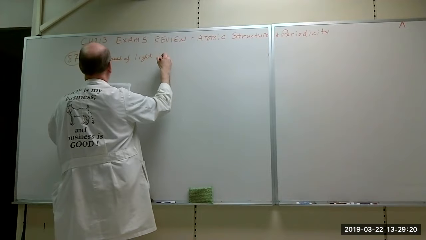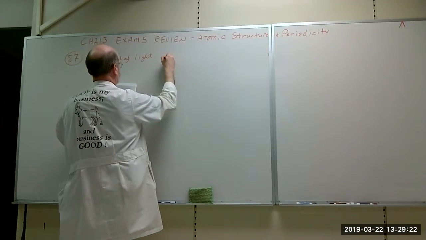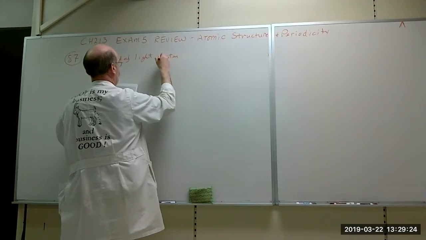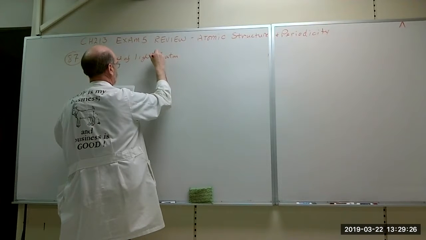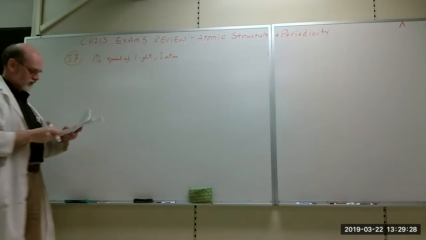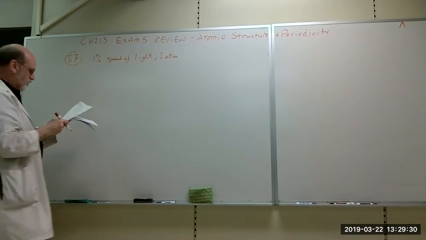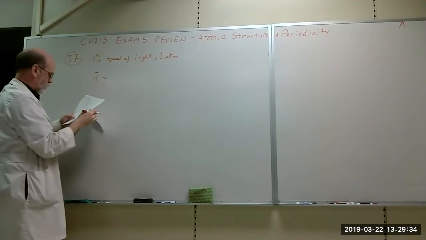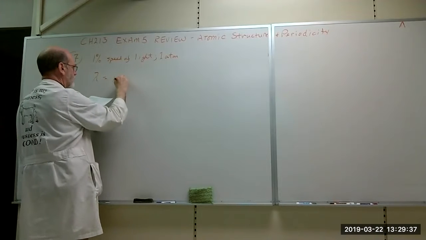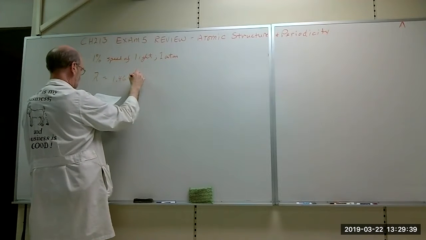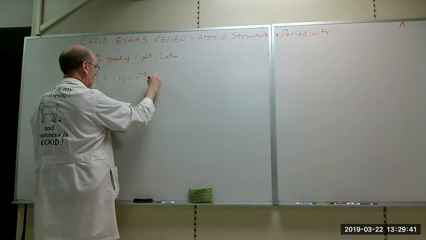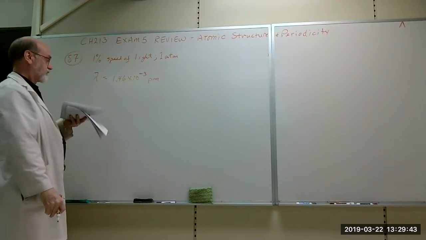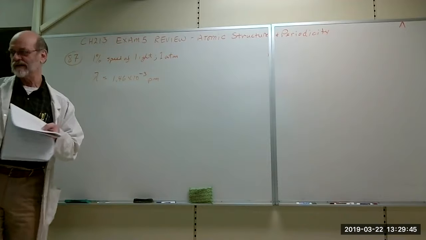One atom is traveling at that speed. Its de Broglie wavelength is equal to 1.46 times 10 to the minus 3 picometer. Okay, so what's a picometer?